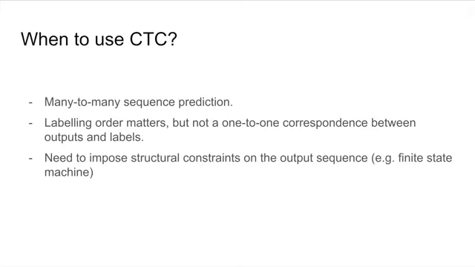You can transition from S0, the first subphoneme state, to the second subphoneme state, to the third, and then from the third to any of the other starting subphoneme states.